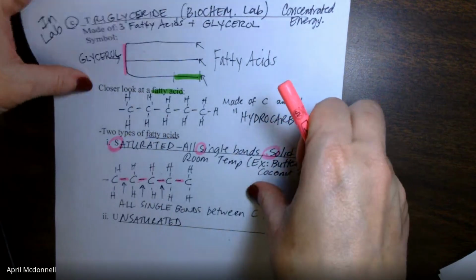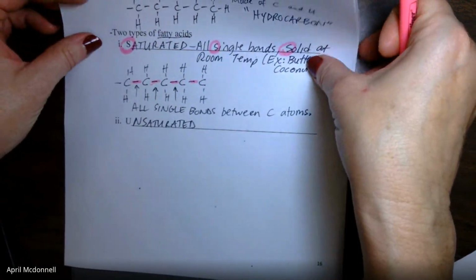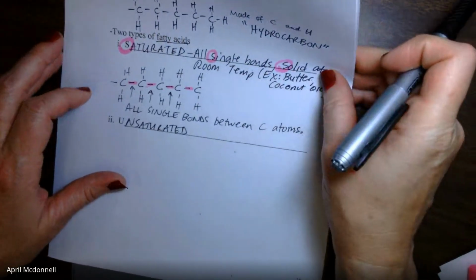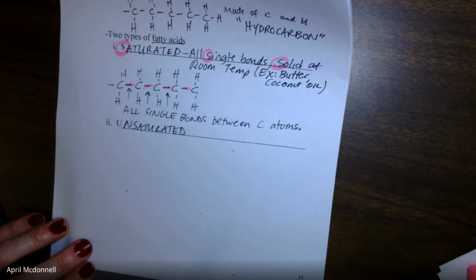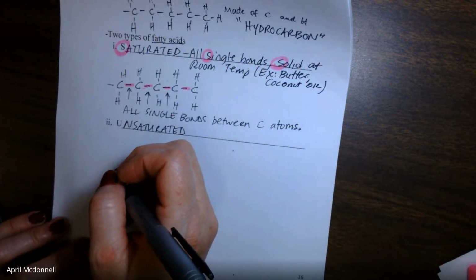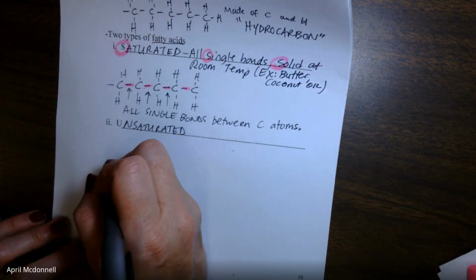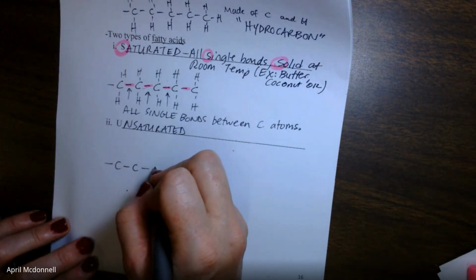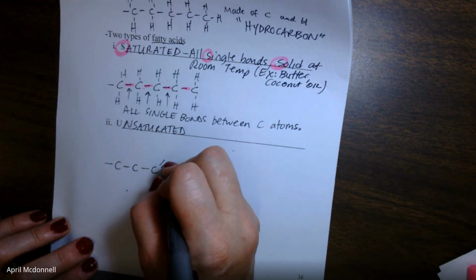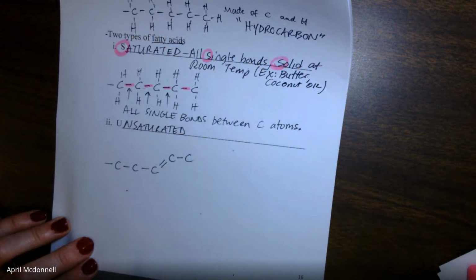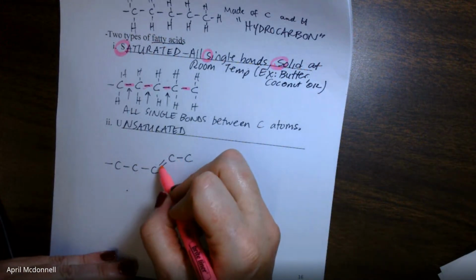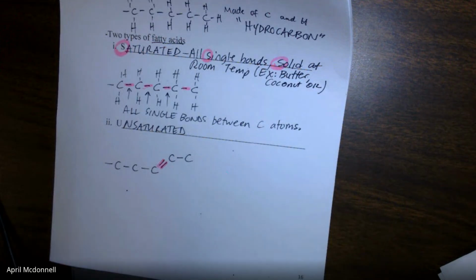The last type of fat that we want to talk about is called an unsaturated fat. Let's talk about how it's a little bit different than a saturated fat. Again, we're going to draw a fatty acid tail. So we're just going to take a little portion. We're going to draw the chain, except now we're going to draw a double bond. So do you see how these little 2 lines here represent a double bond?